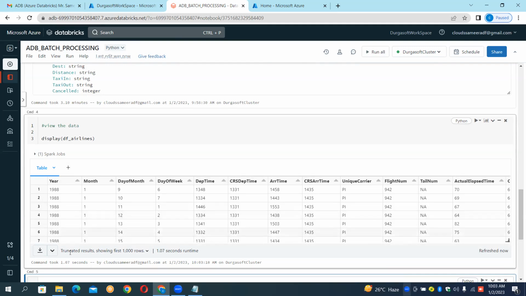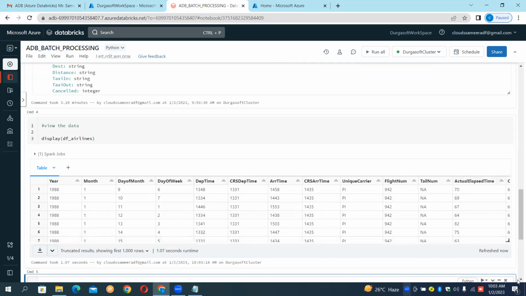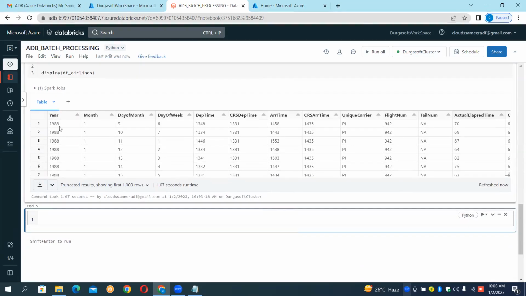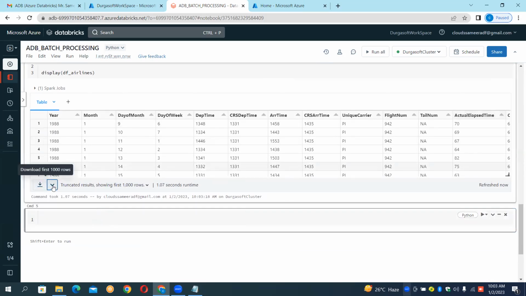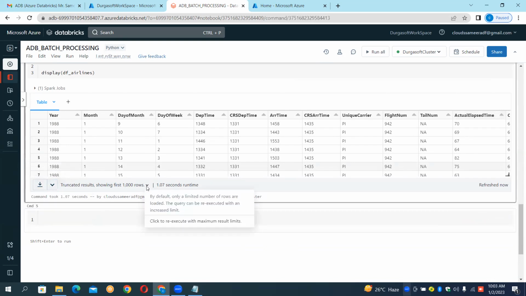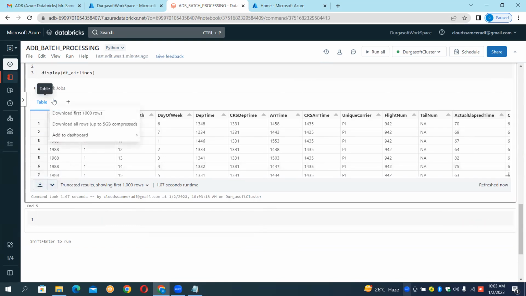You can also have the chart method here. You will have the charts. Just a minute. Where is that option gone? Download.